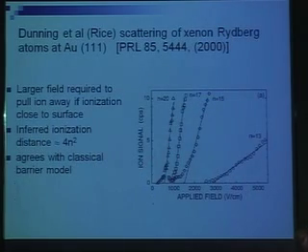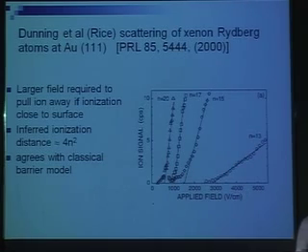As I mentioned, the Rice group studied ionization of xenon Rydberg atoms, and are continuing to do some work in this area. And they observed similar behavior, that for lower principal quantum numbers, you see signal at higher fields.